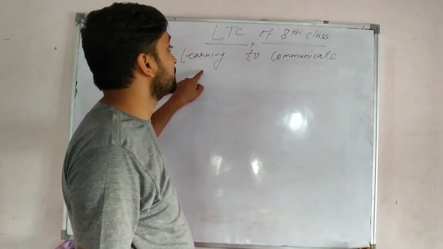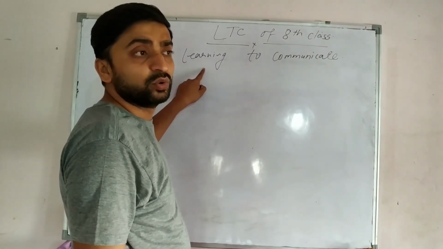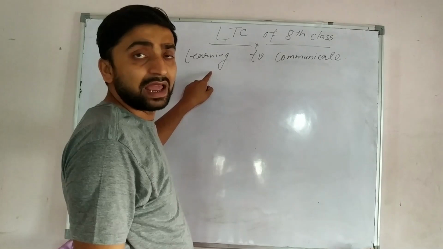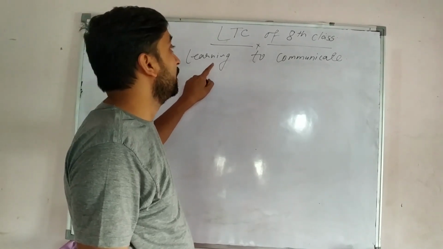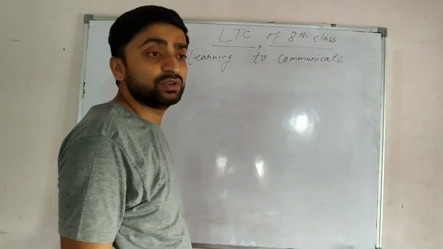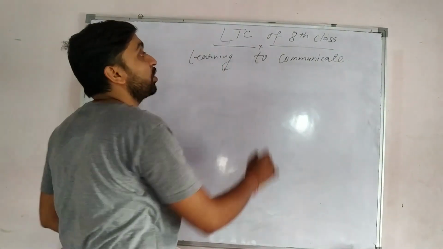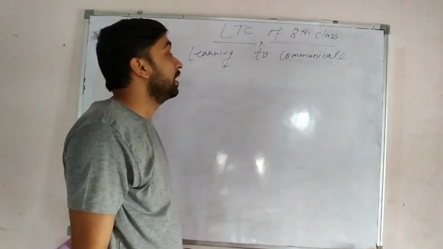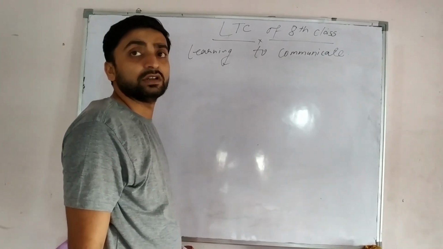The main purpose of this book is to give knowledge about literature as well as to enable the students to speak English correctly, or to develop communication skills. That is Learning to Communicate.